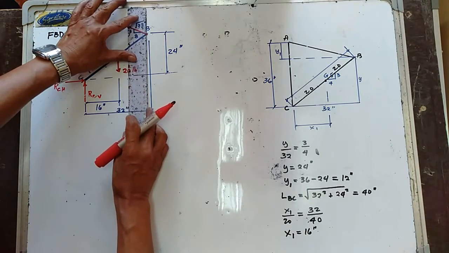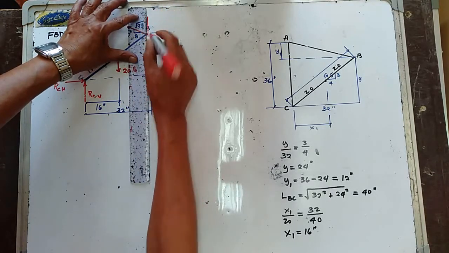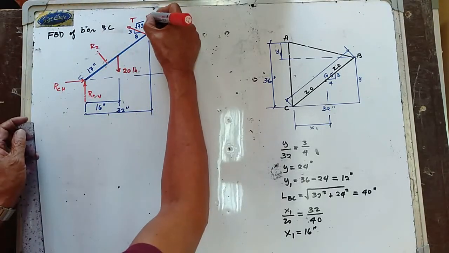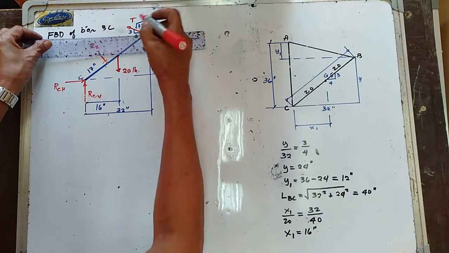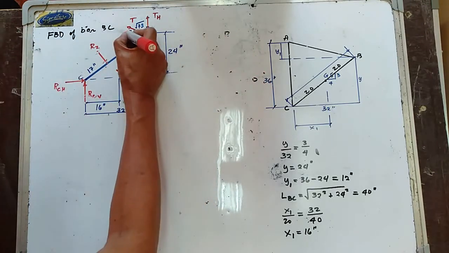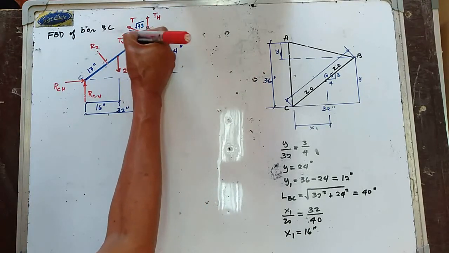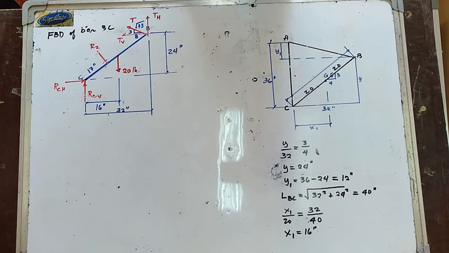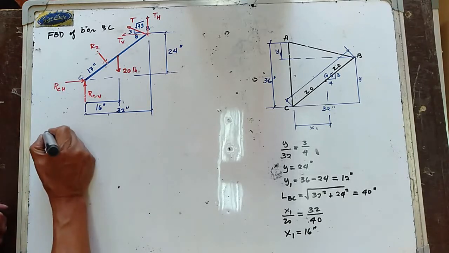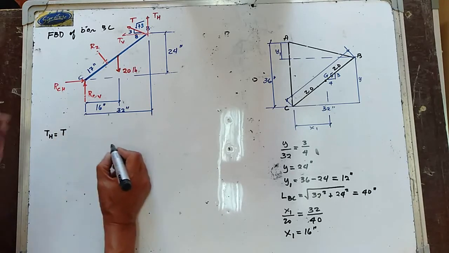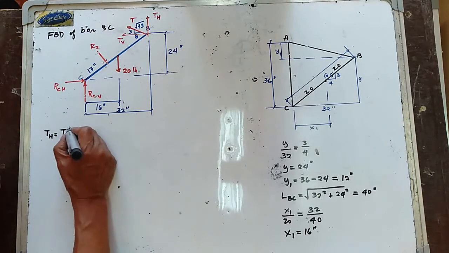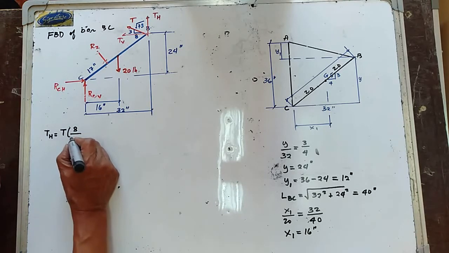So this is now your T horizontal, and this one is now your T vertical. Your T horizontal is equal to the tension in the cable times 8 over the square root of 73.